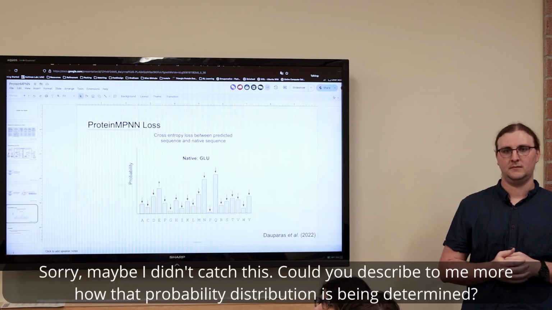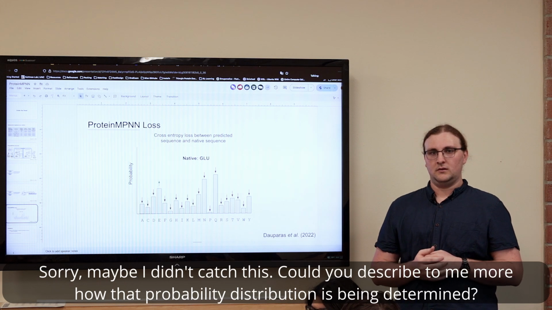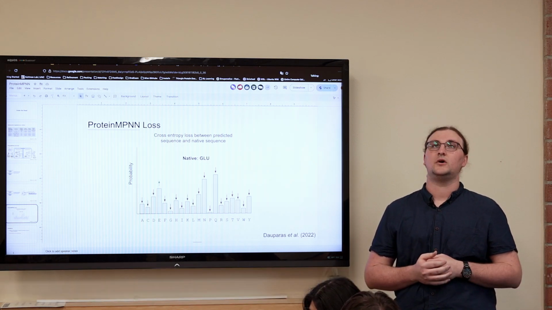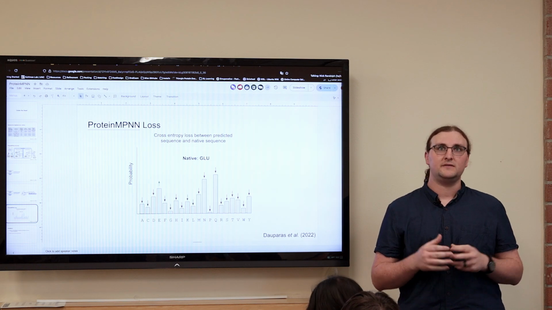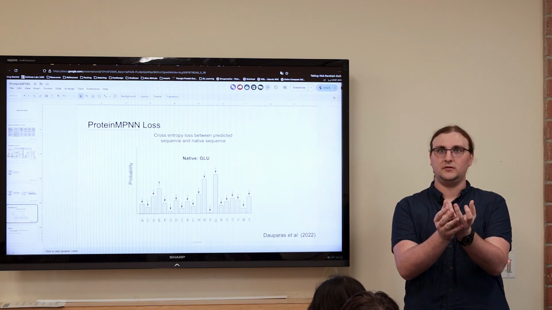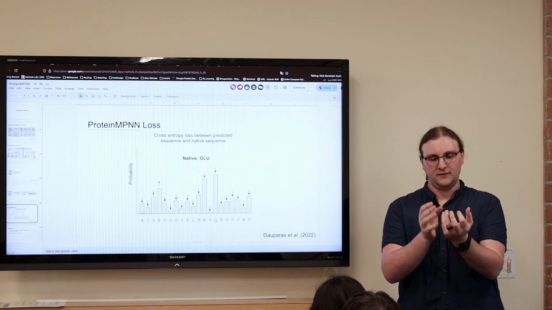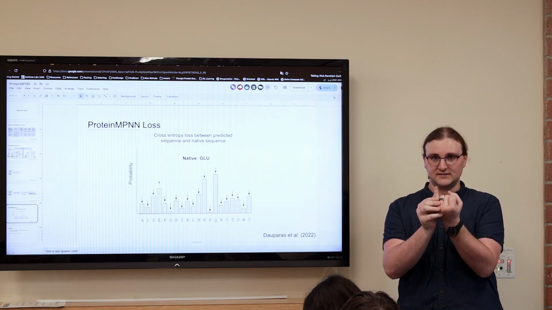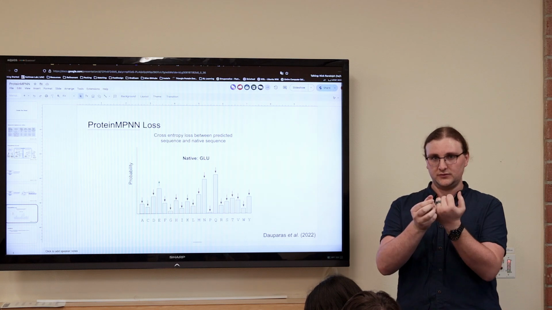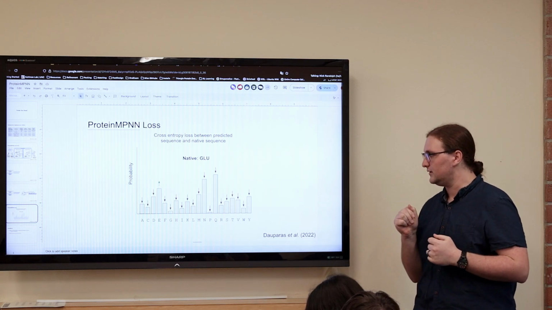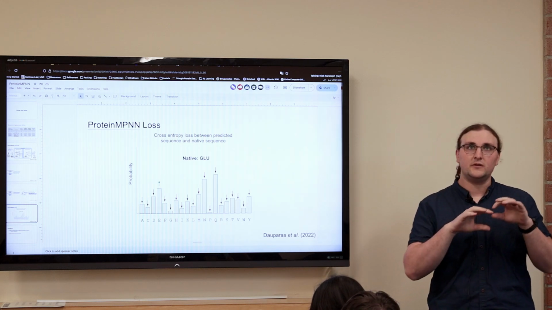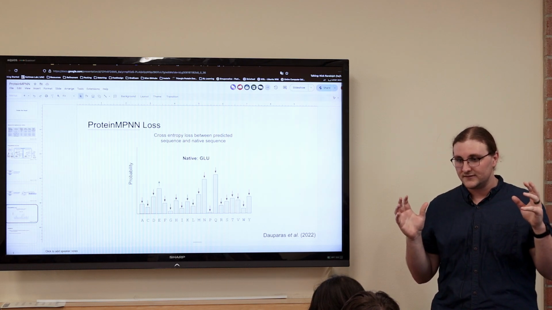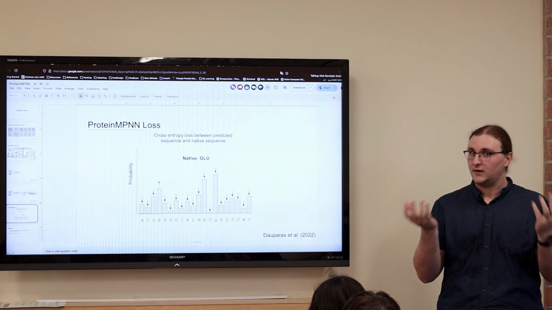Yeah? Sorry, maybe I didn't catch it. Can you describe to me more how that probability distribution is being determined? So after looking at the structure, we have the encoded protein structure. Then we decode a first residue. It looks at its nearest neighbors, gets to decide what it should be, and then we sample from this distribution. So each residue is looking at its neighbors and then choosing based on what has already been decoded around it or not decoded around it.